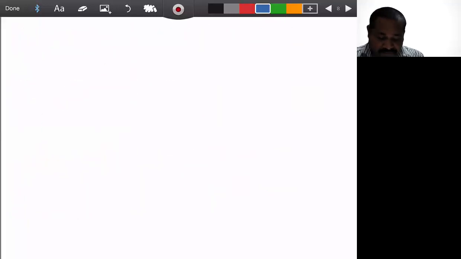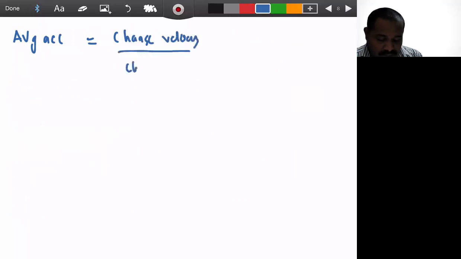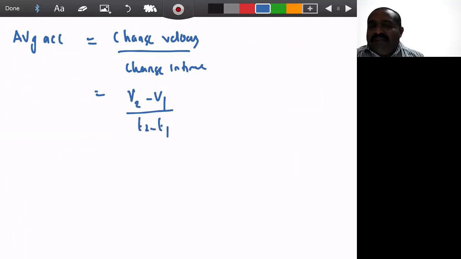Average acceleration is equal to change in velocity by change in time, that is v2 minus v1 divided by t2 minus t1. That is the same definition as acceleration, for the acceleration during a span. But instantaneous acceleration is at a particular time. So these are the things we should remember before going into questions dealing with kinetics and kinematics.